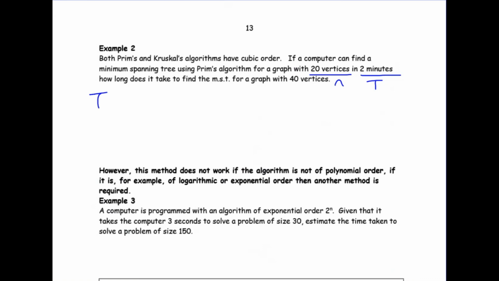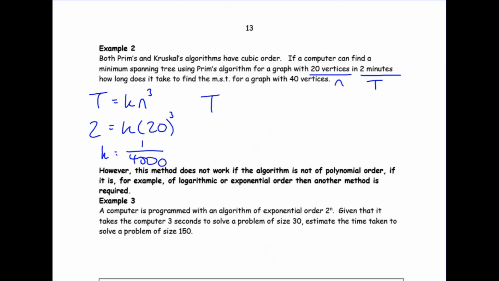So again, if it's cubic order, it means T is proportional to n cubed, or T is the same as kn cubed. Using the information in the question, T is 2 and n is 20, we can substitute that in and we get k is 1/4,000.